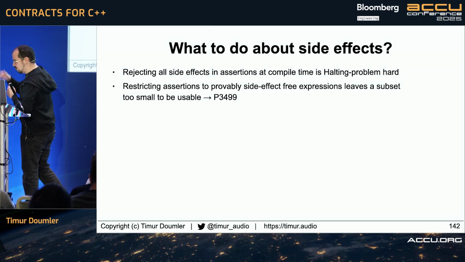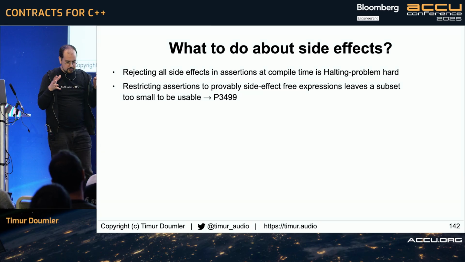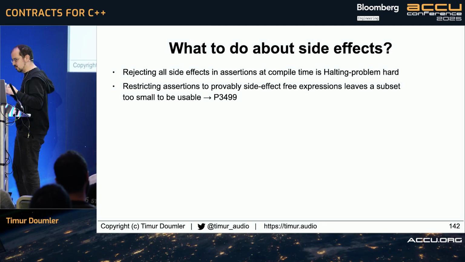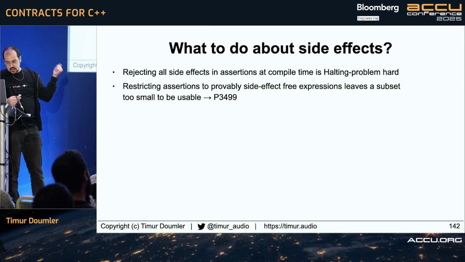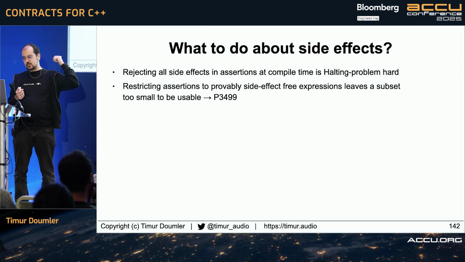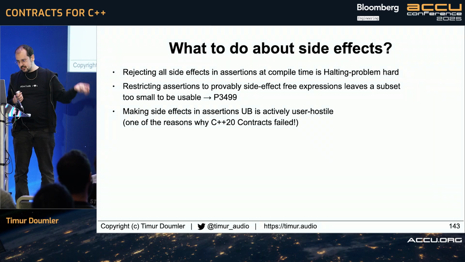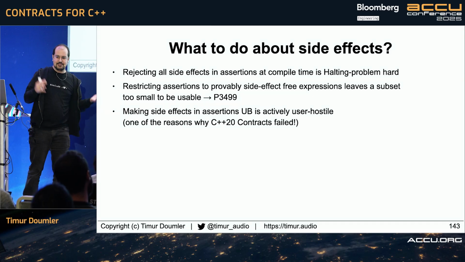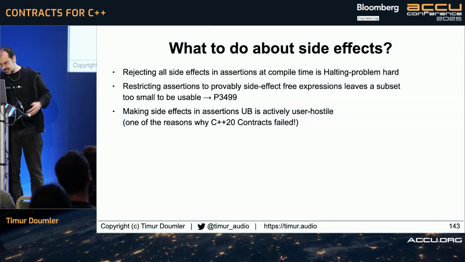Compilers have these things, but it turns out if you do that, you end up with such a small set of things you can actually write in an assertion that it's just too small to be useful in a real-world code base. So you can't do that either. The third thing we could do is what C++20 contracts actually did, which was one of the reasons why they spectacularly failed, which is to say side effects in assertions are UB. That is very bad. We don't want to add more UB to the language. You want to remove UB. So you can't do that either.